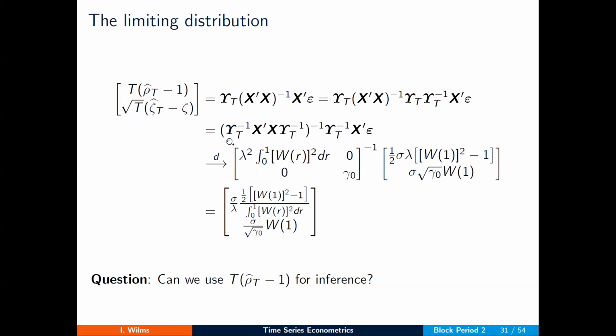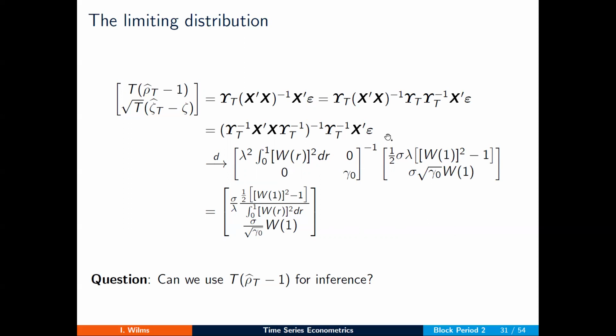And next, I pull in the scaling matrix inside of the inverse. So this guy goes inside the inverse, this guy goes inside of the inverse, which I can do if I also take their inverses. And then I only have this guy left for the second term.